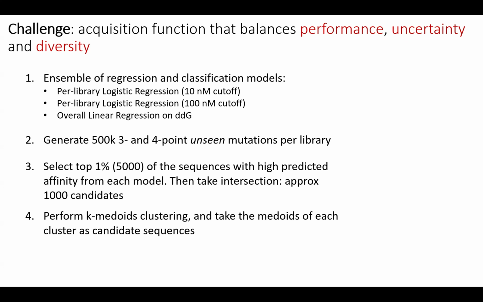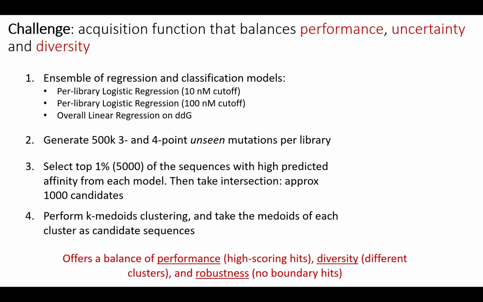So we did k-medoids clustering. You can also do k-means clustering. And the number of clusters you choose is the number of assays you want to perform. And then from each cluster, you take the central point and use that as the candidate sequence. What this does is that it gives you all the 3 things you want. You're picking high scoring hits.